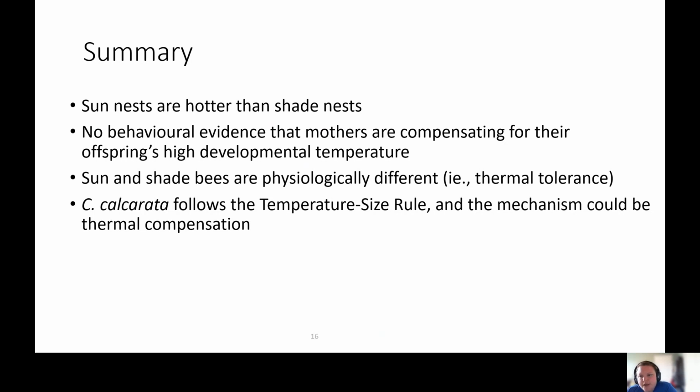Richards et al. 2020, previous results of higher metabolism at 40 degrees Celsius in sun bees, coupled with what I found, the higher CT max and lower metabolic rate at 25 degrees Celsius in sun bees, suggests that they have a higher thermal tolerance and possibly a shifted thermal breadth in comparison to shade bees. So C. calcarata follows the temperature size rule, and in conclusion, the mechanism could be thermal compensation.